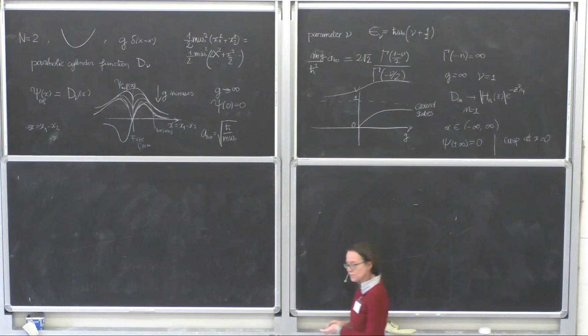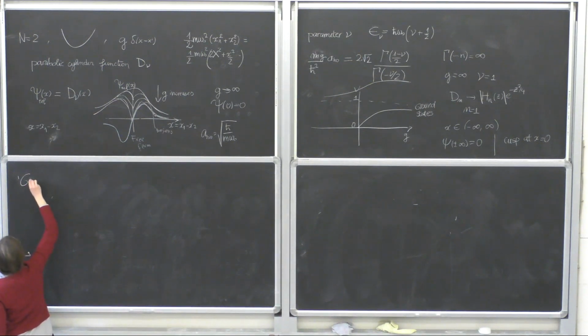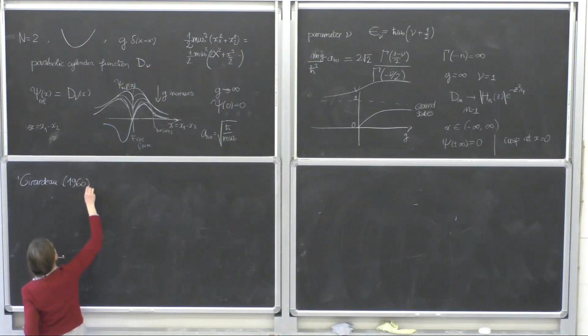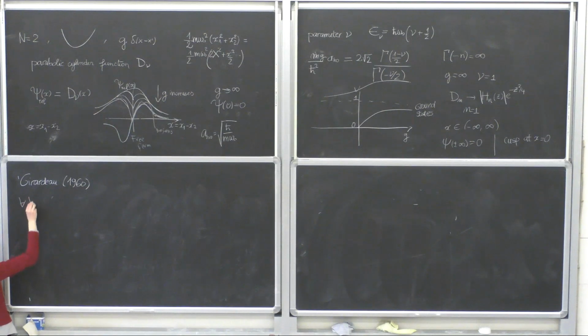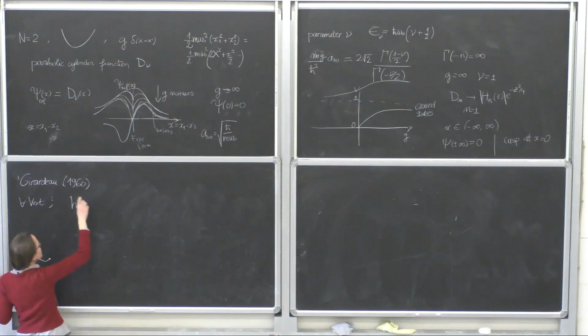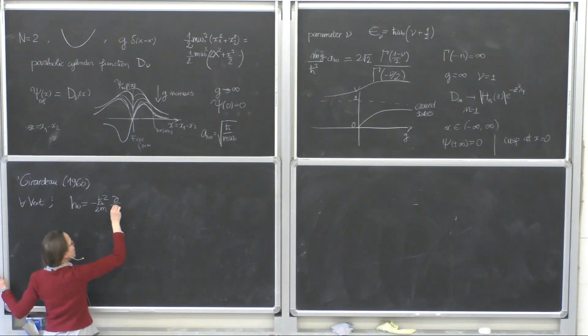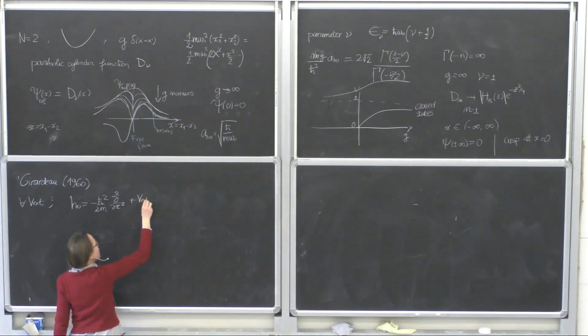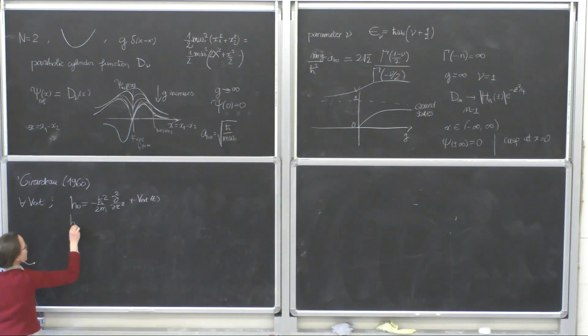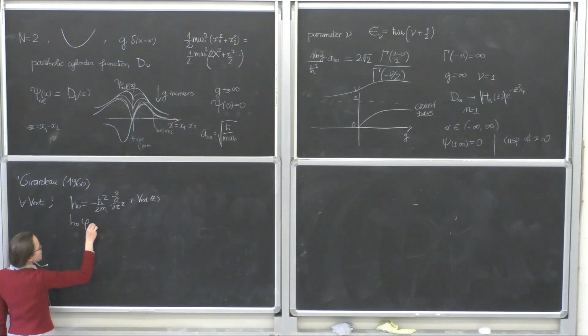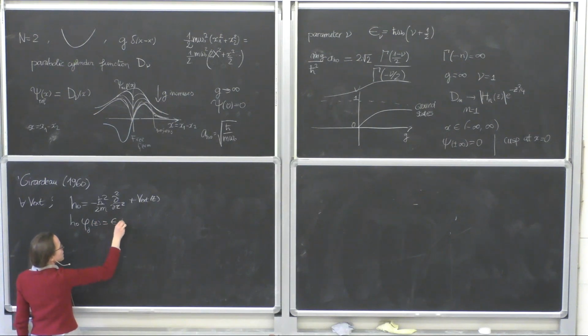So the Girardeau solution (1960) states that for the exact solution for any trapping potential V(x), I first of all solve the single particle problem in this potential, H naught phi j equal epsilon j phi j.